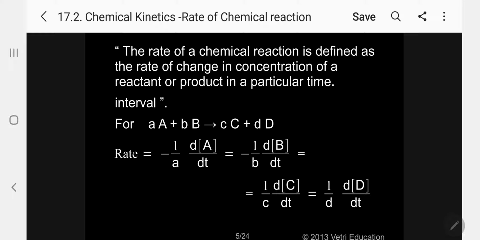On the left side, the reactants: when the reaction proceeds, concentration decreases, so a minus sign is indicated. On the product side, the products go on increasing, indicating a positive sign. So whatever the mole coefficient, that will be coming below: 1 by a, 1 by b, 1 by c, 1 by d. The only difference is minus for reactants, plus for products. This is the most important.